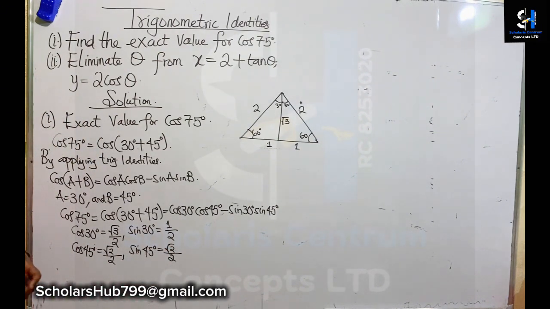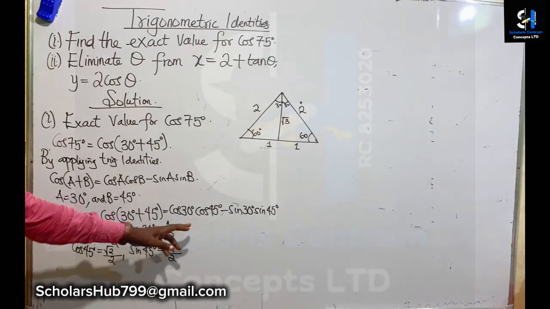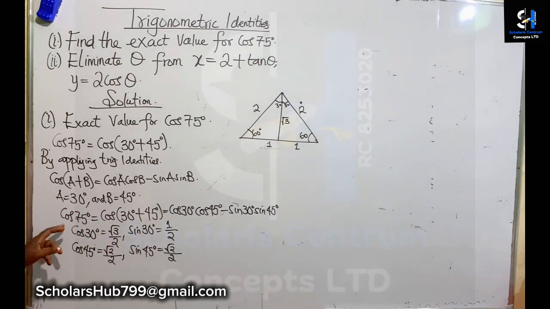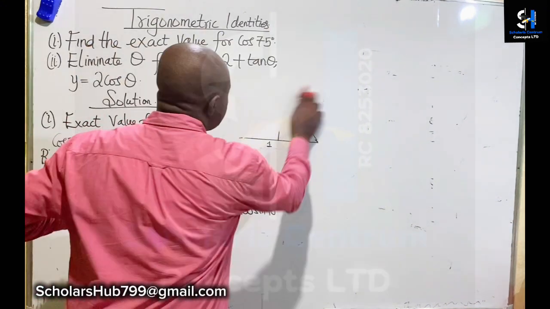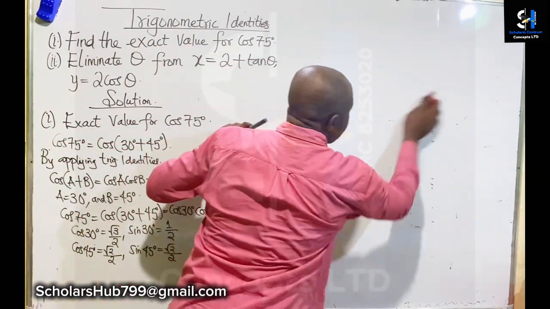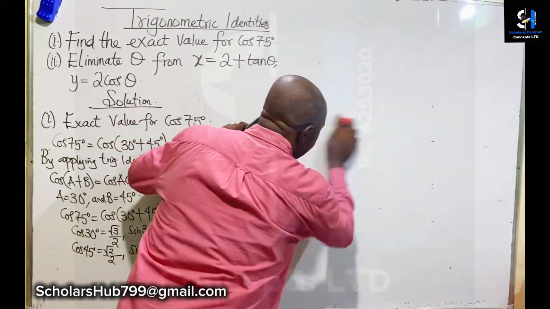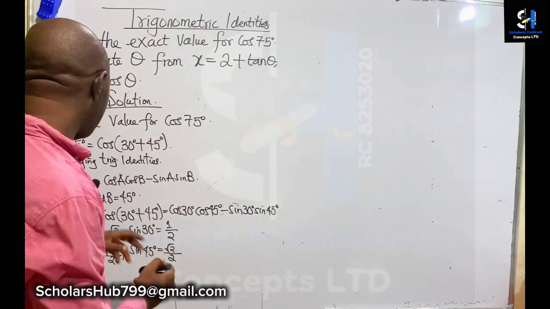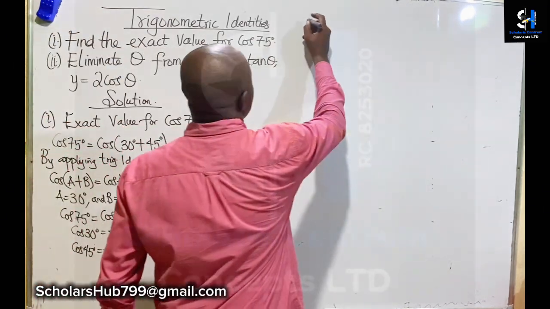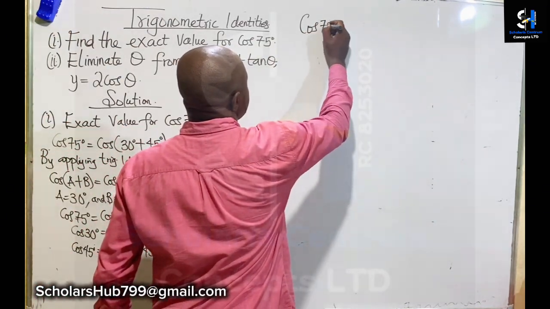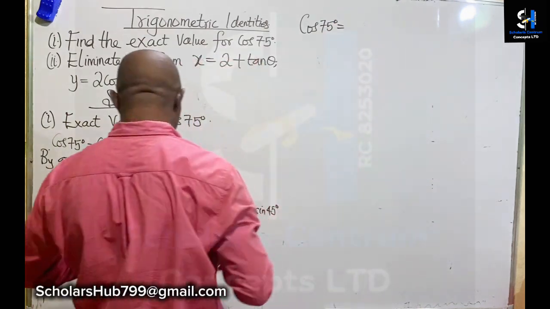Now, to find the exact value for cos 75 degrees, cos 75 degrees will be equal to this.